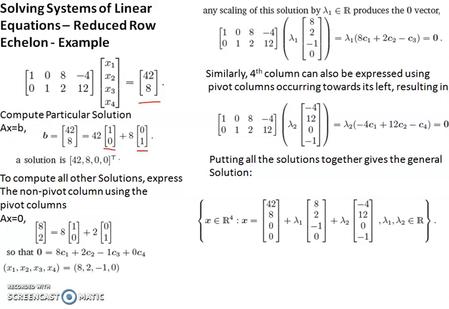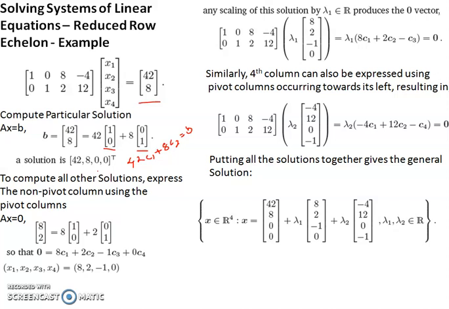So the equation formed will be 42 C1 plus 8 C2 is equal to b. Okay, 42 C1 plus 8 C2 is equal to b.